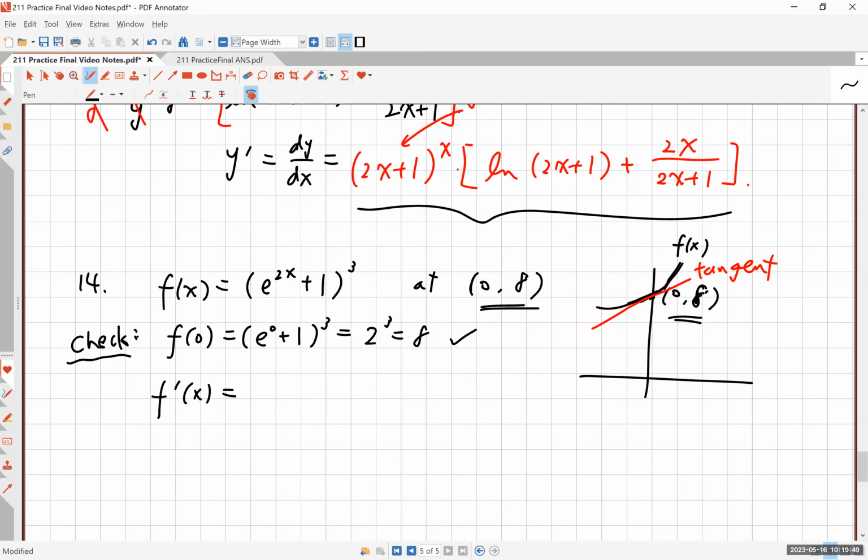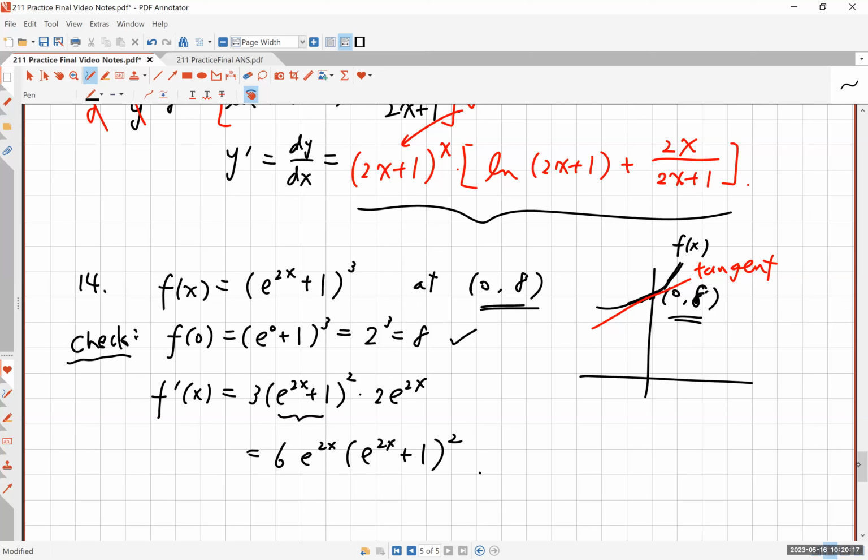Take the derivative. That's 3 times (e^(2x) + 1), that's the chunk, the blob inside, and then you square it. And then, of course, do not forget to multiply this by the derivative of the inside function, which is 2e^(2x), right? Okay, so let's combine the terms here. It's 6e^(2x) times (e^(2x) + 1) squared.